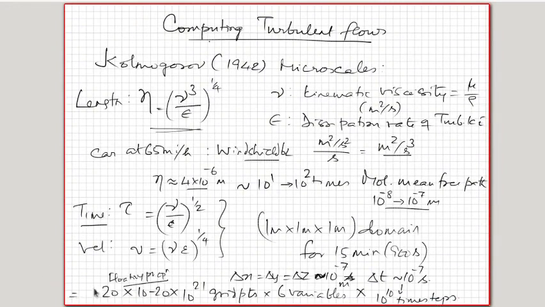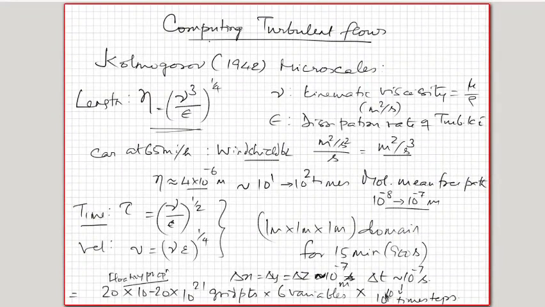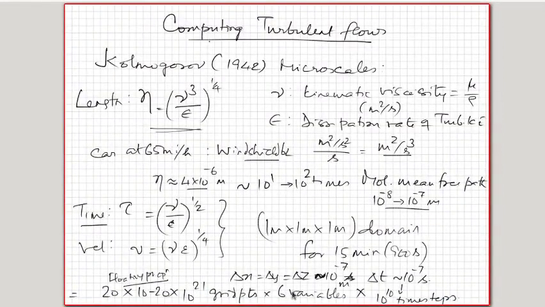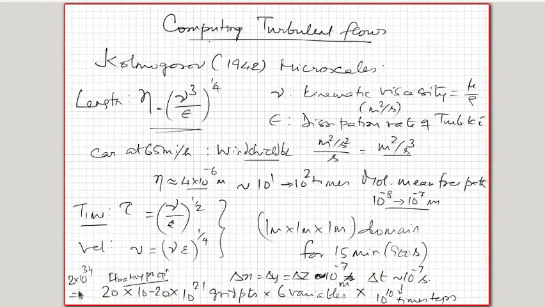So this is 20 into 20, which is 400. 400 into 6 into 10 to the power of 21. So that is 2400 into 10 to the power of 21 into 10 to the power of 10. So this is 2.4 into 10 to the power of 3, 10 to the power of 24, 10 to the power of 34. So it gives something like 2 into 10 to the power of 34 calculations.